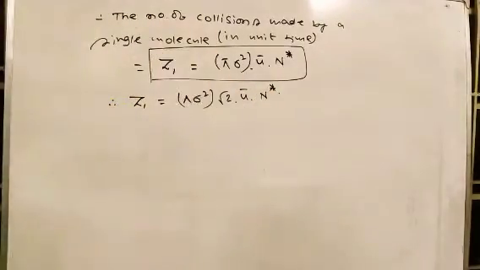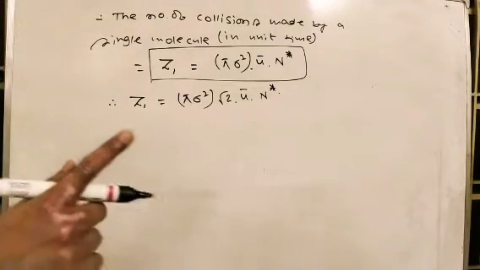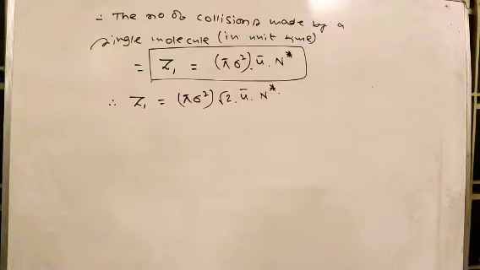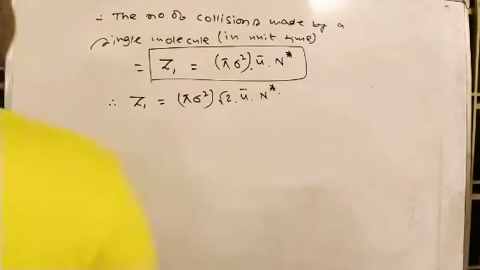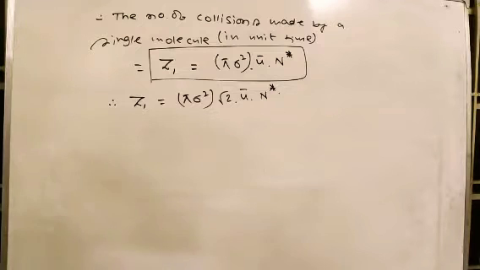Are you getting my point? So now the formula is modified, and that is equal to pi sigma square into √2 into u bar into n star. What is n star here? Don't forget that it is the number of molecules in unit volume. Clear?